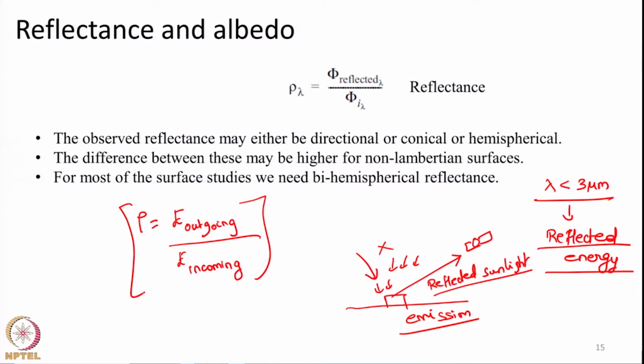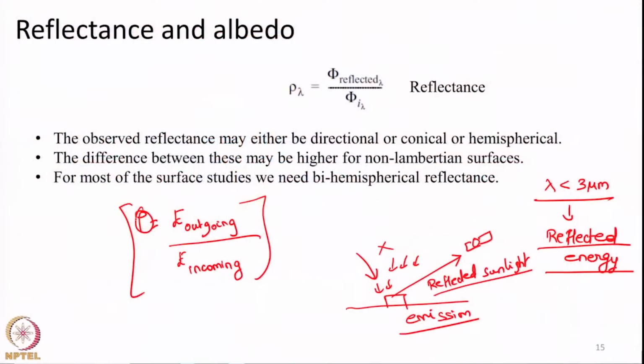Definition-wise it may look extremely simple, but look at the practical aspects of this. As I said before, the direction of incoming energy and outgoing energy will vary, and also the nature of integration of incoming energy, whether it is coming over a conical projected area or over an entire hemisphere, depends on the measurements we make. So, based on the directionality of the measurements, the reflectance that we measure is going to vary.